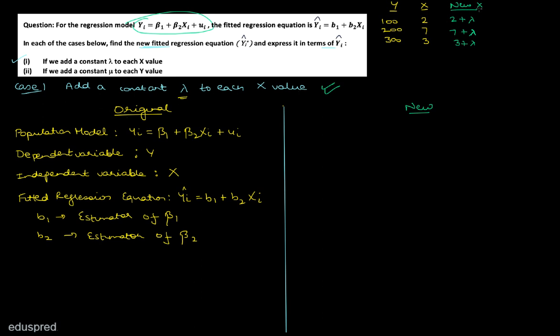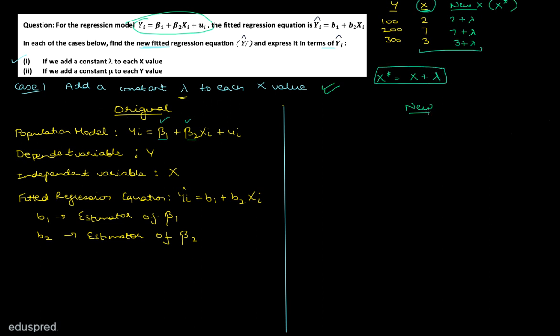Let me also put a notation for the new x. Let's say the new x is x star. What is the relationship between x star and x? Well, x star is equal to x plus lambda.